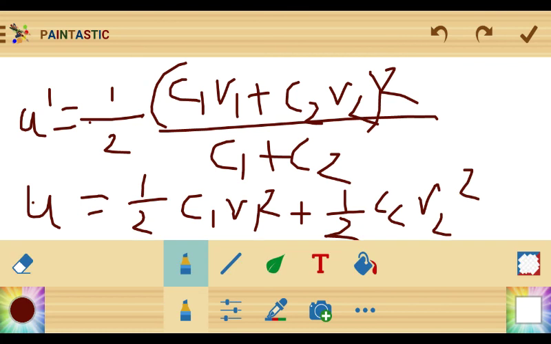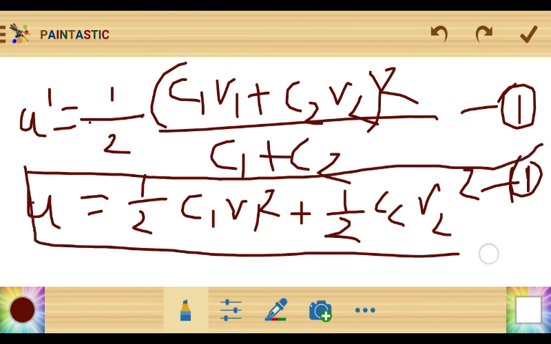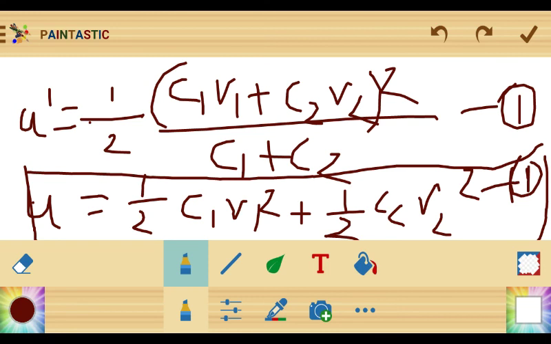Now from these two equations, what can you conclude? The lower one is the initial energy, equation 2, and the upper one is equation 1. The lower energy has more terms: half C1 V1 square plus half C2 V2 square.